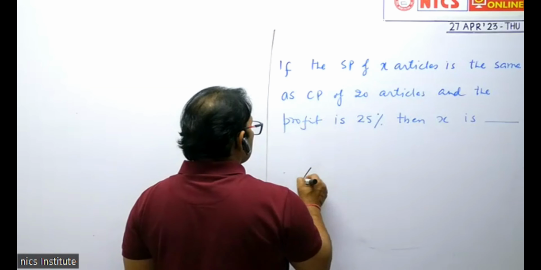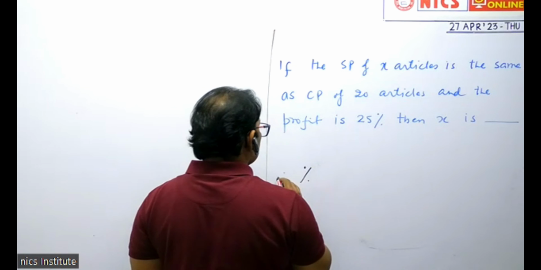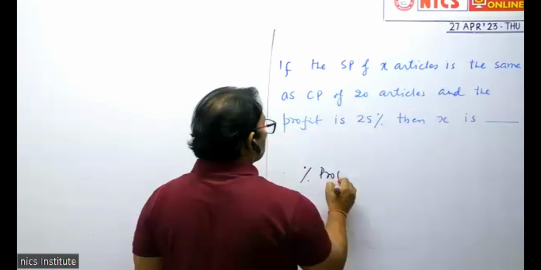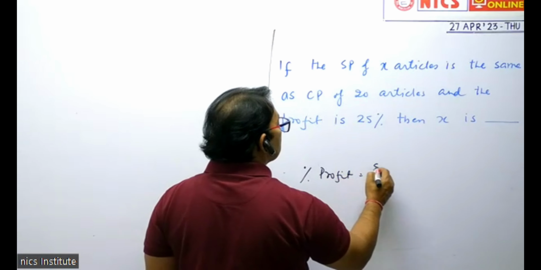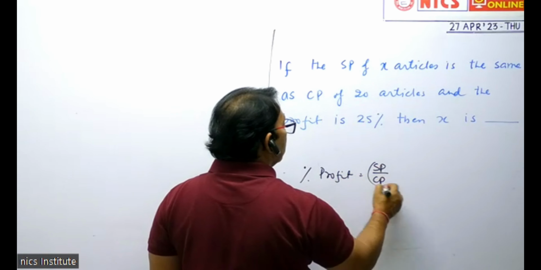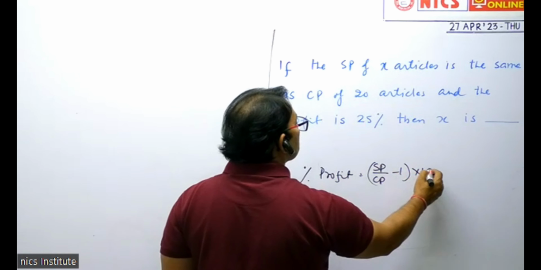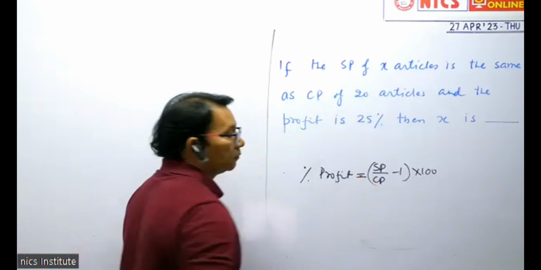You all know this, that profit percentage is always SP by CP minus 1 into 100.